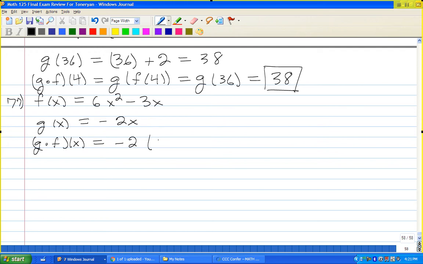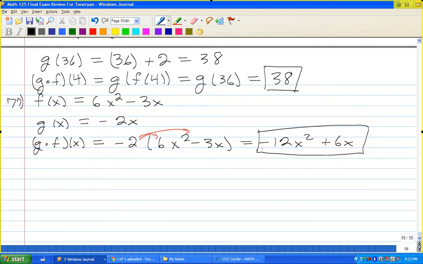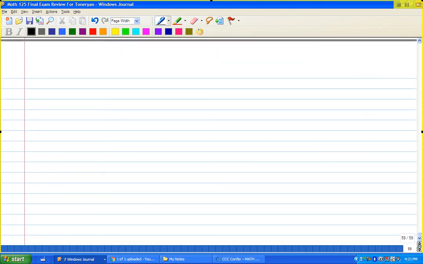I replace x by 6x squared minus 3x. Let me multiply the negative 2 inside the parentheses. And so I get negative 12x squared plus 6x. And that is your answer. Let me do problem number 78.